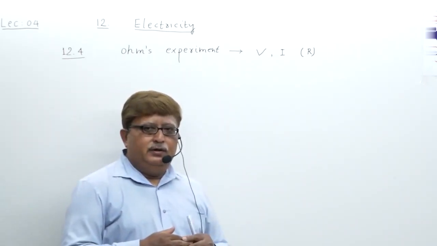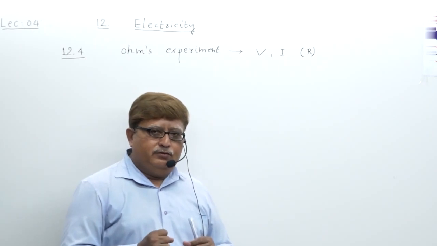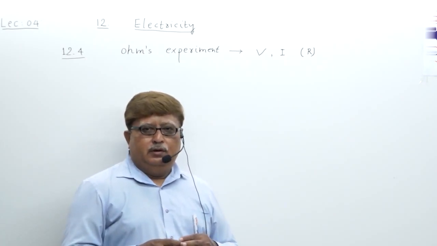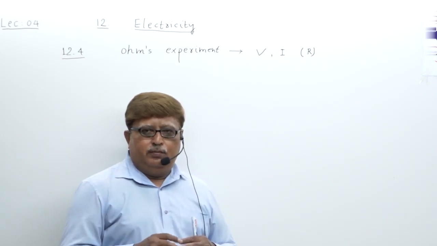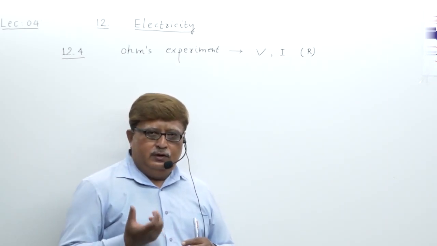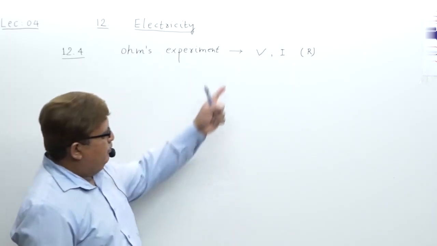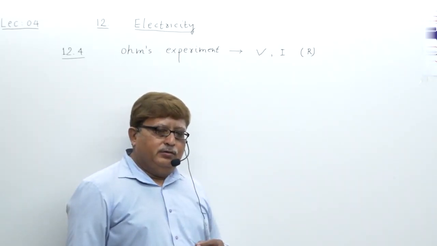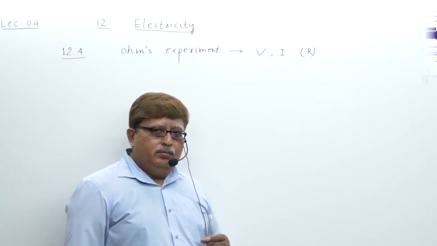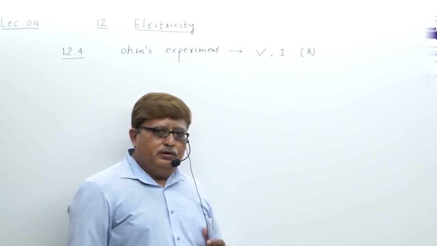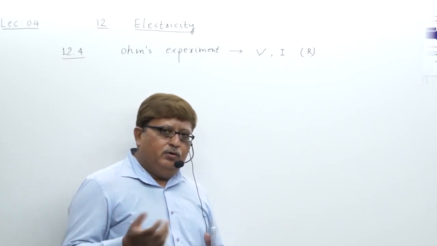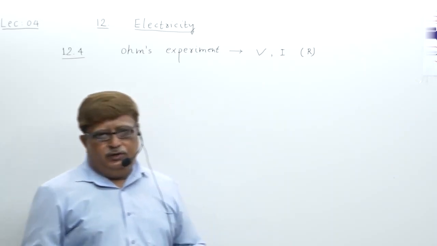Then you require a device which will measure the amount of current passing in the circuit, that is an ammeter. You also require a device which will measure potential difference across two ends of the resistor, that you all know, voltmeter.